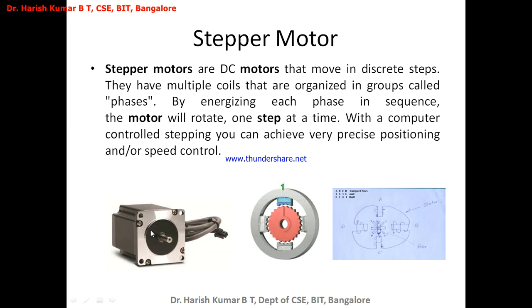Compared to the DC motor, the stepper motor will move in discrete steps. It has multiple coils called phases, and by energizing each phase in a sequence, you can move the stepper motor one step at a time, and you can very precisely position it or control its speed. This is the stepper motor, and internally it is something like this.